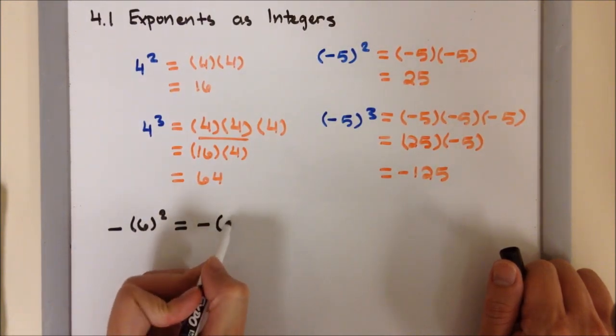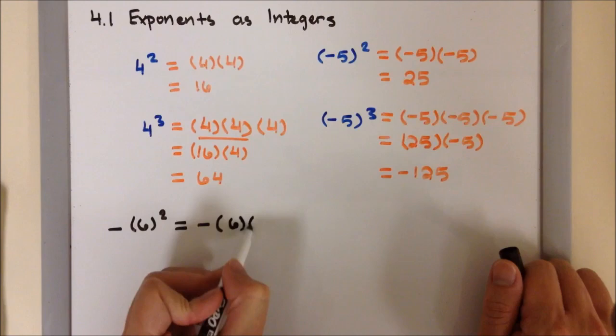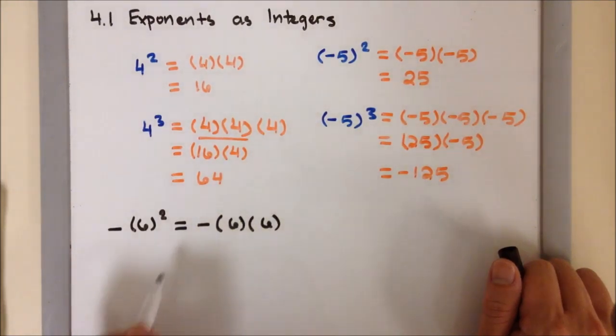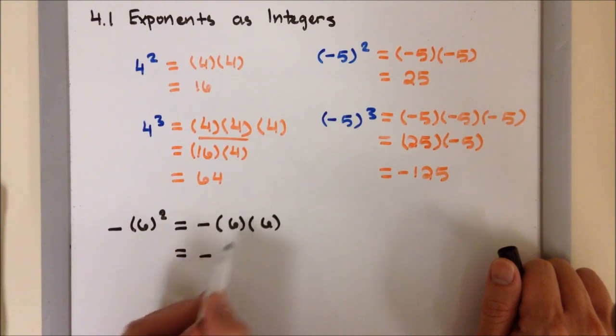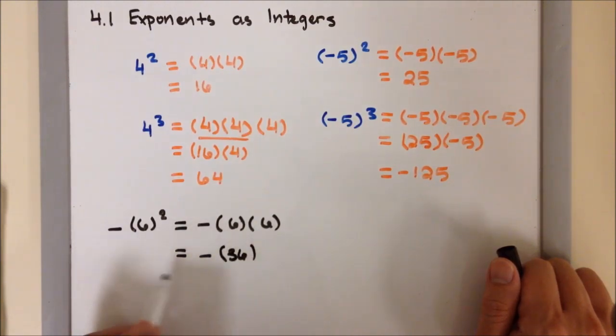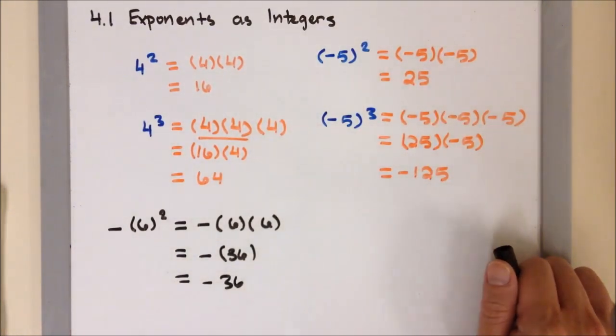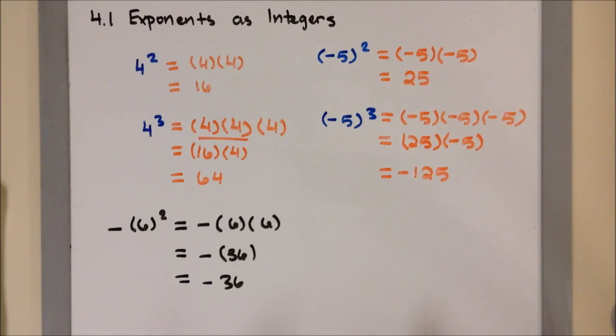So it's going to be 6 right here, and the second 6. I still have my negative on the outside, and then 6 and 6 will be 36. And then that would simplify into negative 36. So, be very careful.